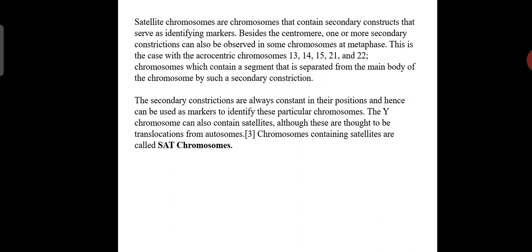Besides the centromere, one or more secondary constrictions can also be observed in some chromosomes. At metaphase, this is the case with the acrocentric chromosomes, that is 13, 14, 15, 21 and 22, which contain a segment that is separated from the main body of the chromosome by such a secondary constriction.